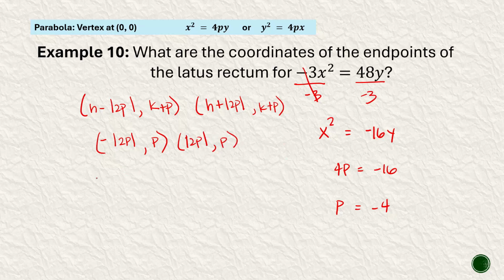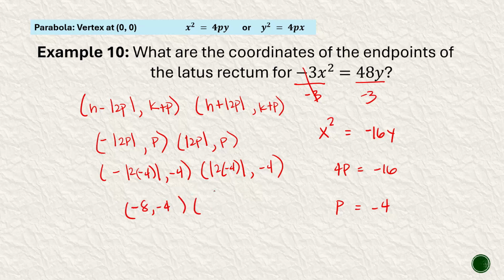P is negative 4, so this is negative the absolute value of 2 times negative 4, comma, negative 4. And on the other side, we have the absolute value of 2 times negative 4, comma, negative 4. So 2 times negative 4 is negative 8, but the absolute value of that is 8. There's a negative outside, so this will just be negative 8 and negative 4.